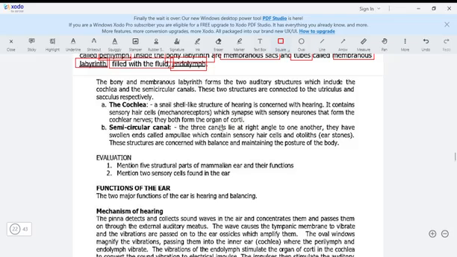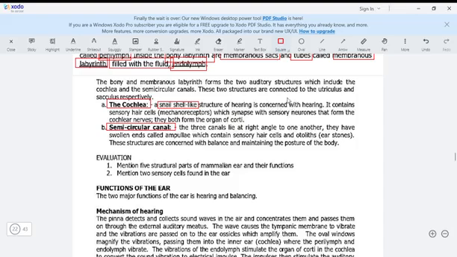Now in the inner ear, that's where we get the cochlea, the one that looks like a snail shell, and we have the semicircular canals, those three parts that are at the top. The cochlea, like I said, is a snail shell like structure of hearing.